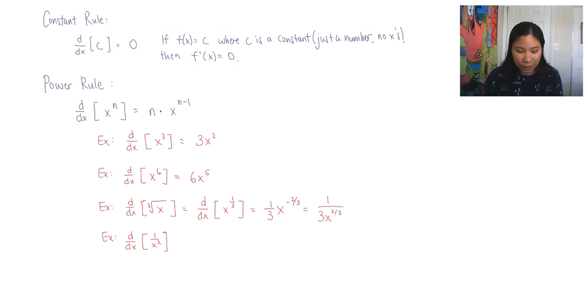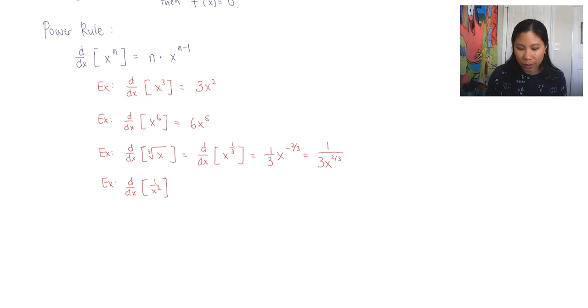In a similar process, I can also find the derivative of something like 1/x squared. 1/x squared means that it's currently a fraction, and so I don't have just x to some power yet. If I see a fraction like this, I do need to rewrite it first. Because it's a fraction, I can rewrite this as a negative exponent.